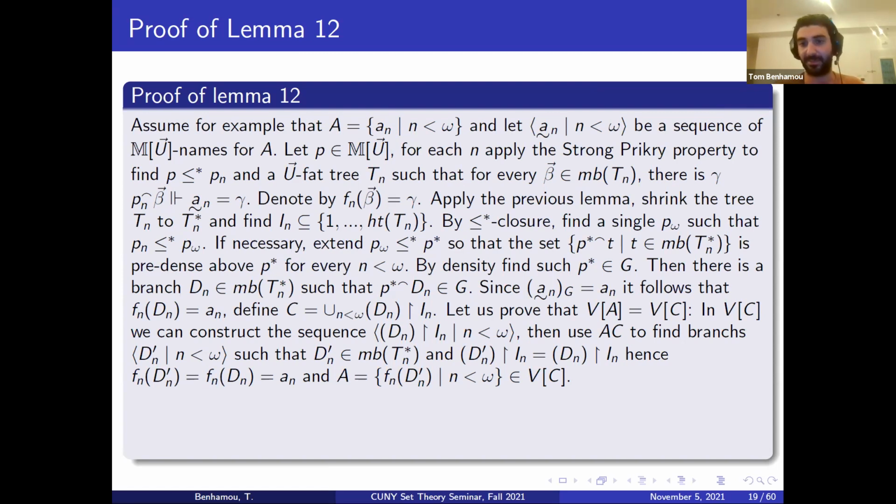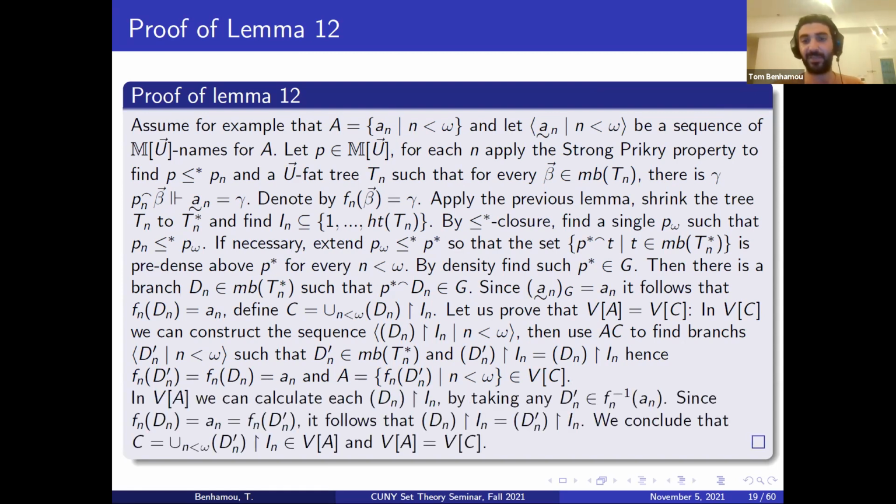So the set A can be defined as the set of Fn of D prime n for n less than omega, and this is definable in VC. As for the other direction, in VA we can calculate Dn restricted to In by taking, for every n, D prime n to be any branch in the pre-images of An. Okay, and now we know that D prime n and Dn give us the same value, and therefore they must agree on the important coordinates.